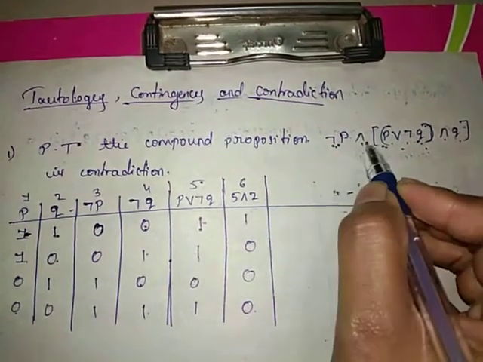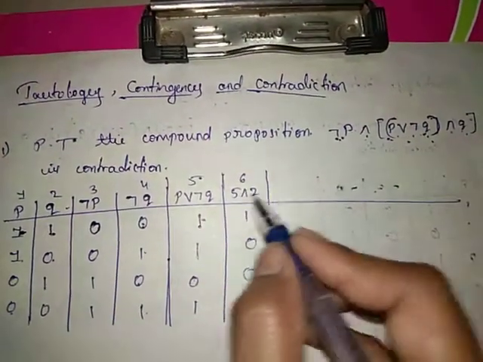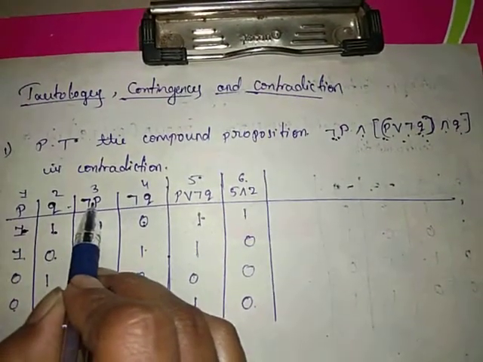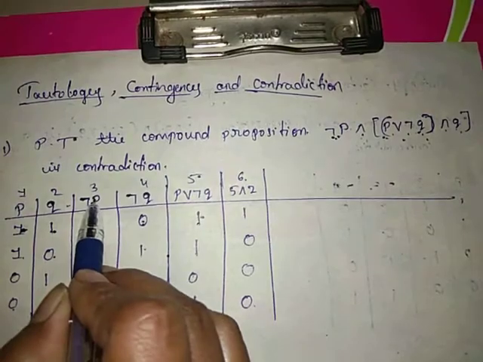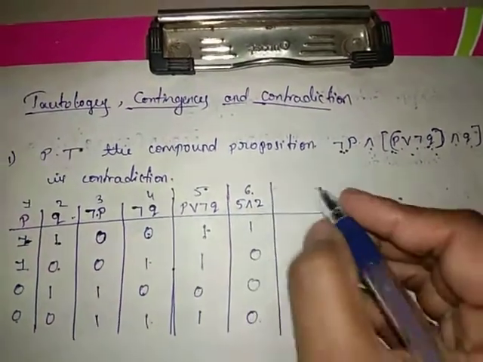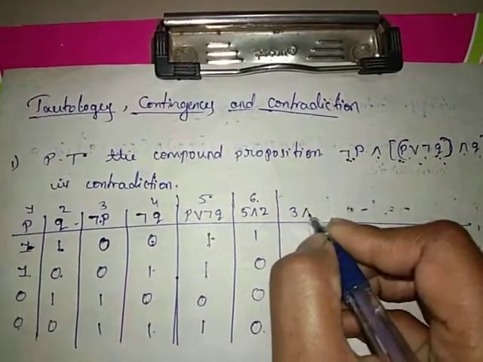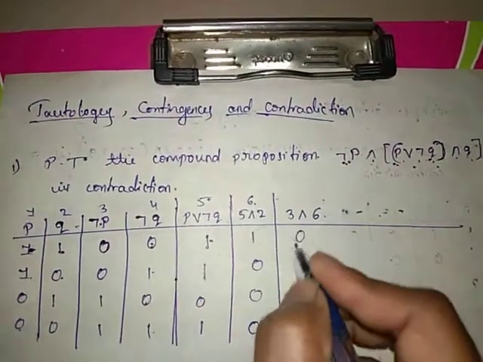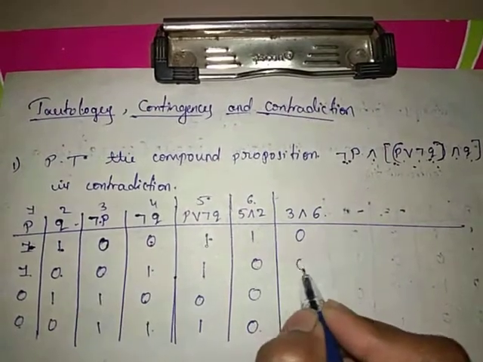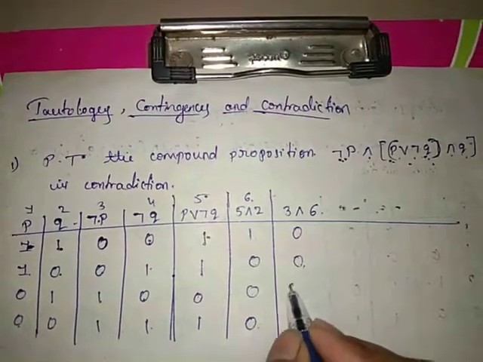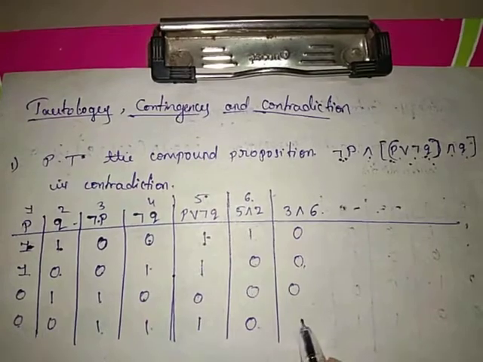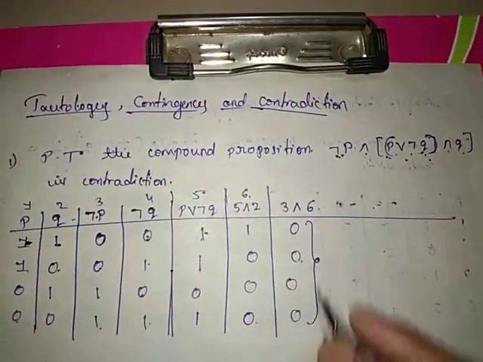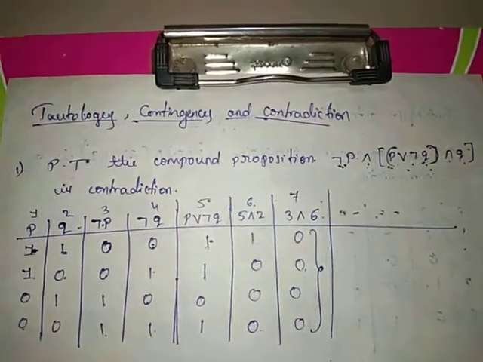Negation of P and this one. This one is nothing but your sixth column. So negation of P is your third column. 3 and 6: 0 and 1, 0; 0 and 0, 0; 1 and 0, 0; 1 and 0, 0.